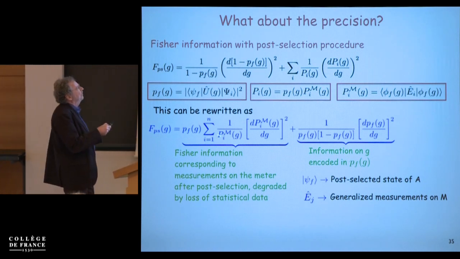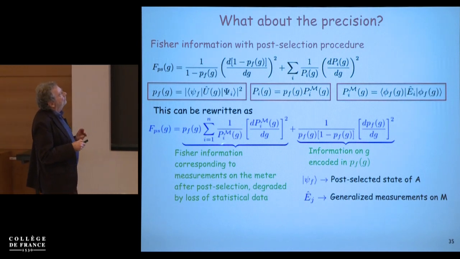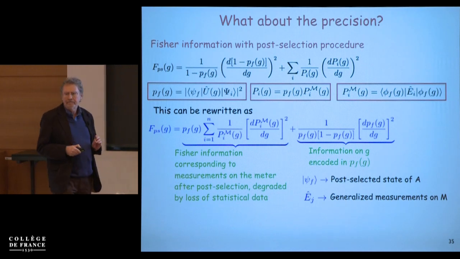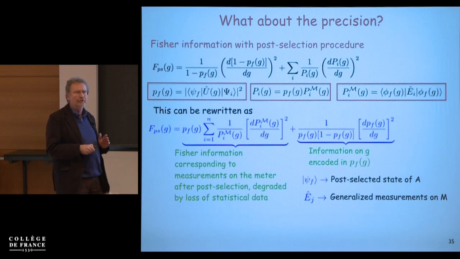So look at this expression here. So this expression corresponds to the Fisher information associated to measurements on the pointer, multiplied by this post-selection probability. So this is really the Fisher information degraded by the loss of statistical data, okay? Because I have this probability here which reduces the value of the Fisher information.